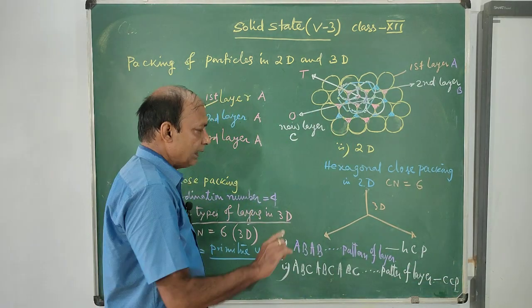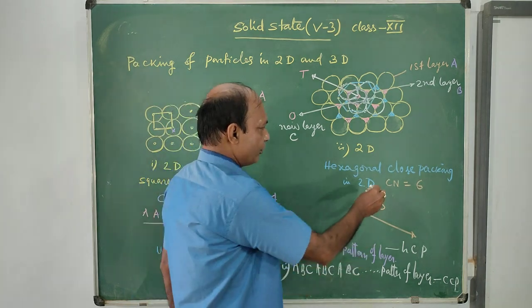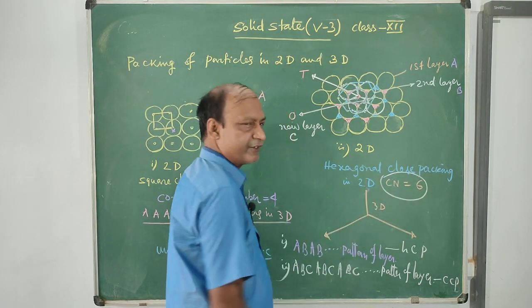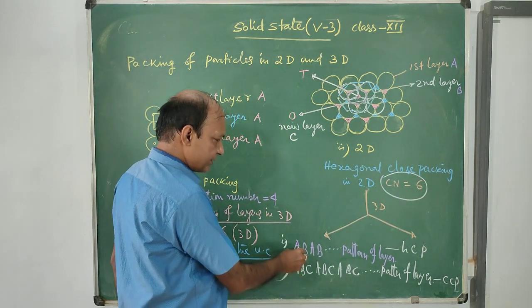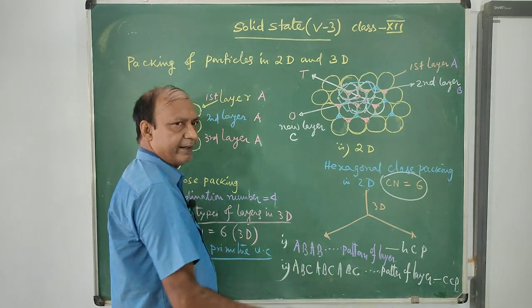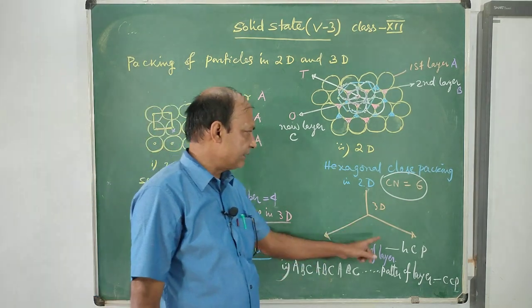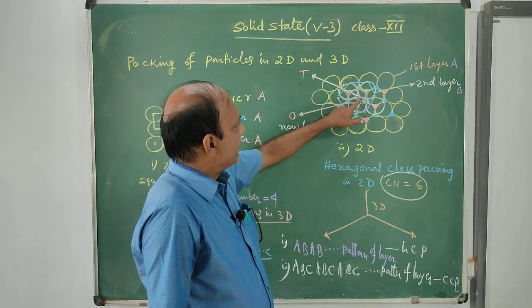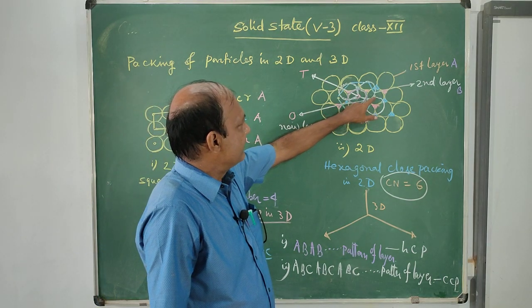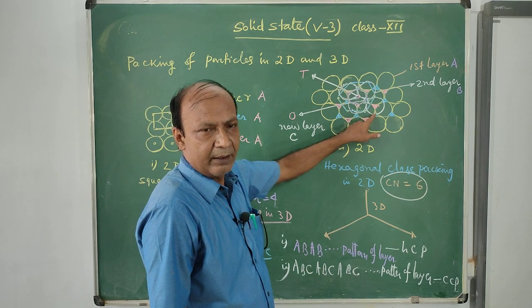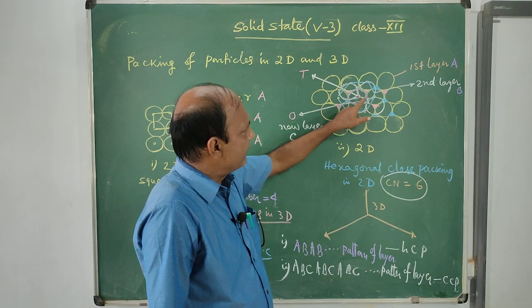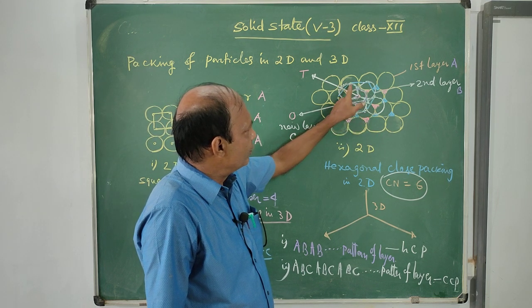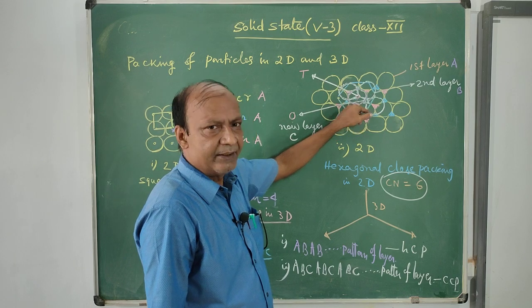Now, some points about it. As you know, the coordination number in 2 dimension is 6. Whenever you construct the second layer and third layer to get 3 dimension, the coordination number will change. See, any particle is touching 6 particles in its own layer, 3 above and 3 below.